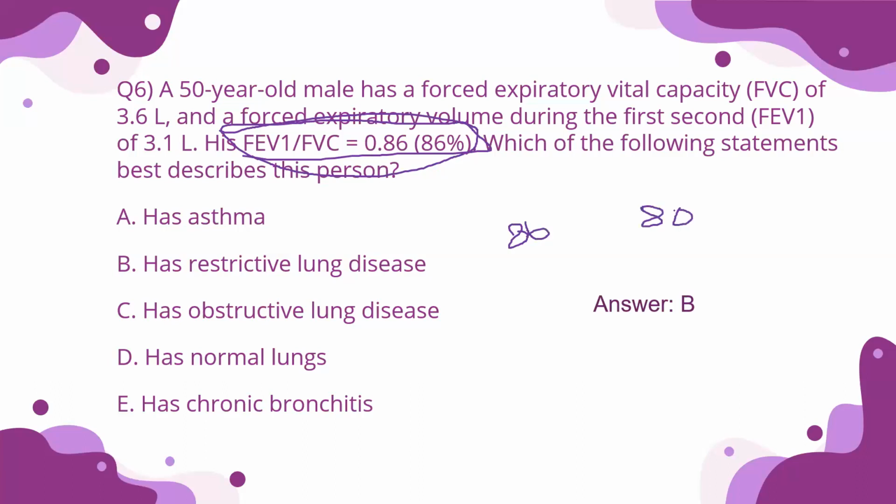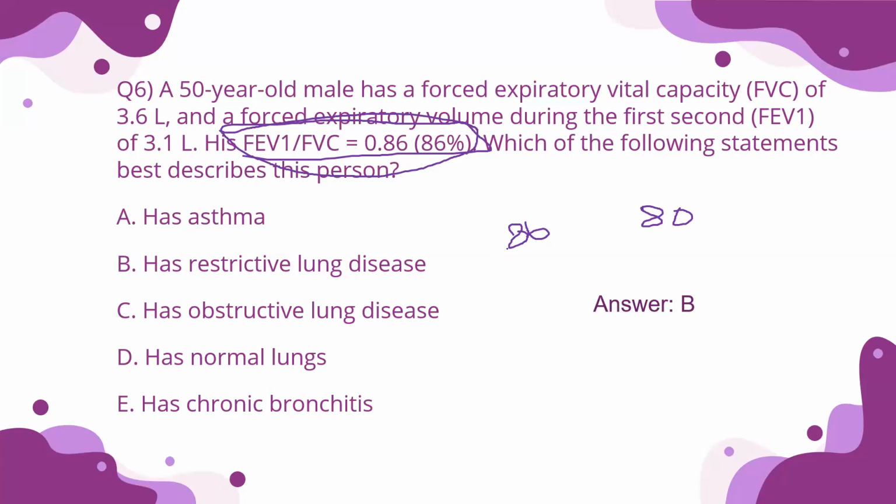We talked about how if the value is higher than normal, which is 80%, that is restrictive lung disease, because of a greater recoil force, more effort, more force being pushed into exhalation.